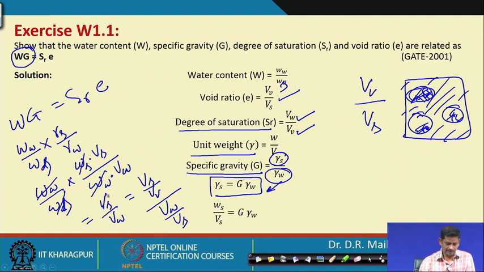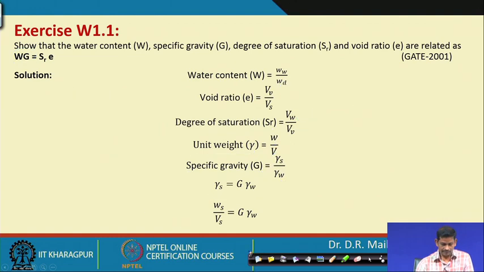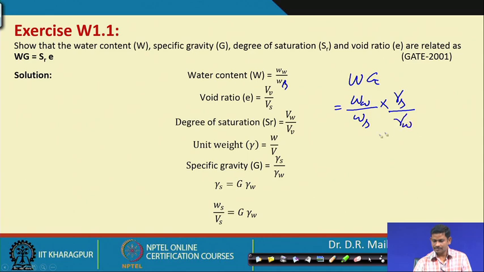Wait, here gamma s is, oh sorry. Let me see. So W G, W is equal to W w by W s, let us put s without any confusion, and G is gamma s divided by gamma w.